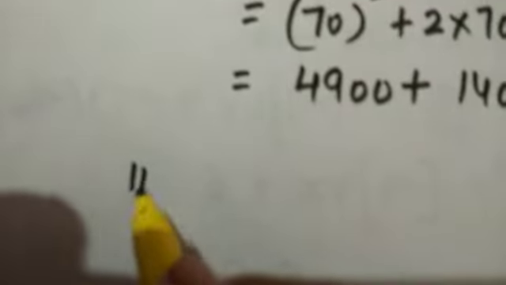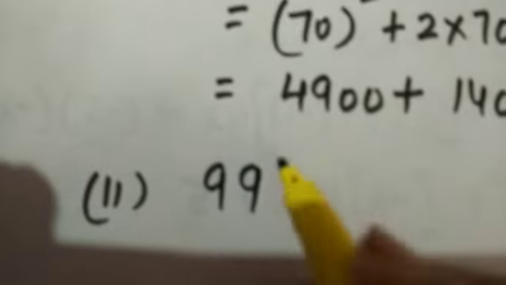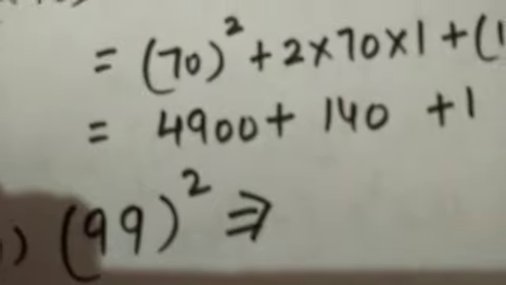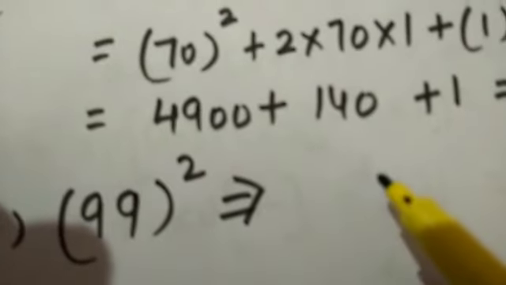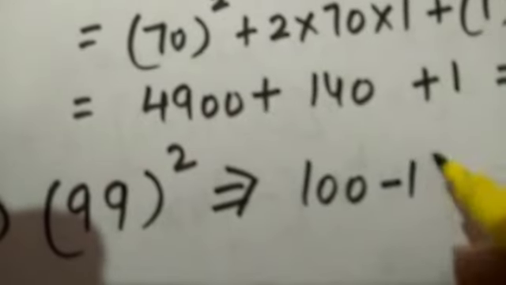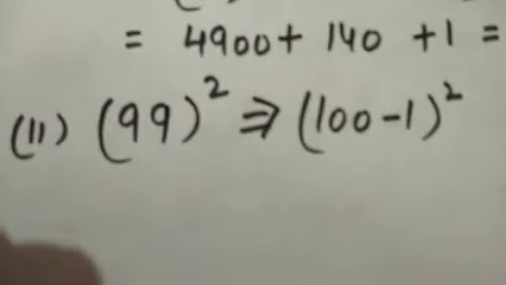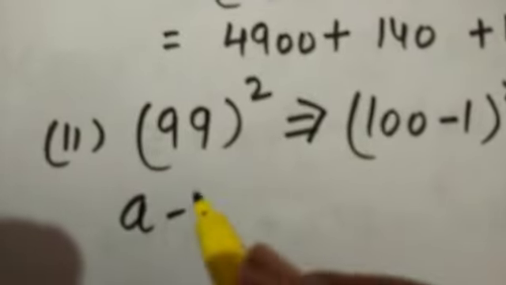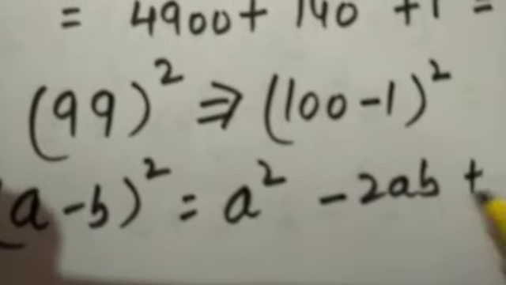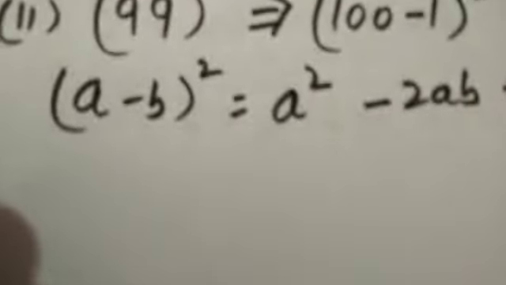Now we will be taking its second part, that is 99². So 99 square, at the place of taking 90 plus 9, we will take 100 minus 1. So we will use here identity (a − b)², that is a² − 2ab + b².